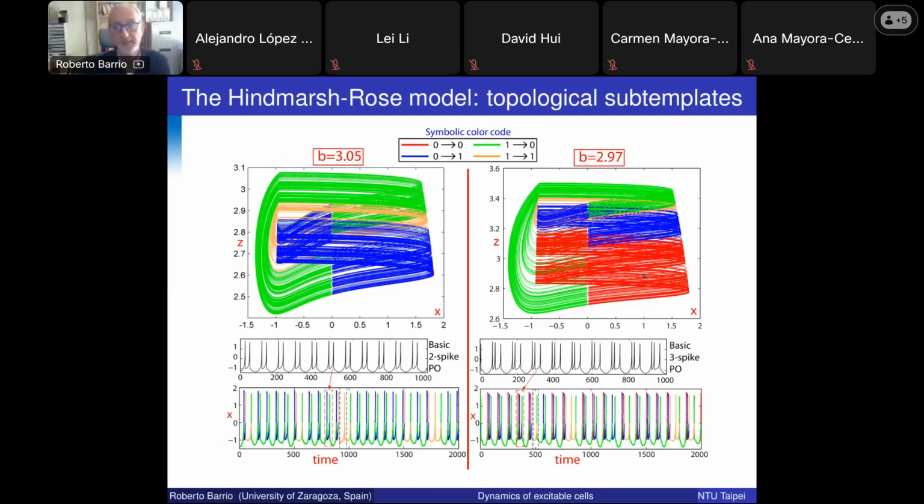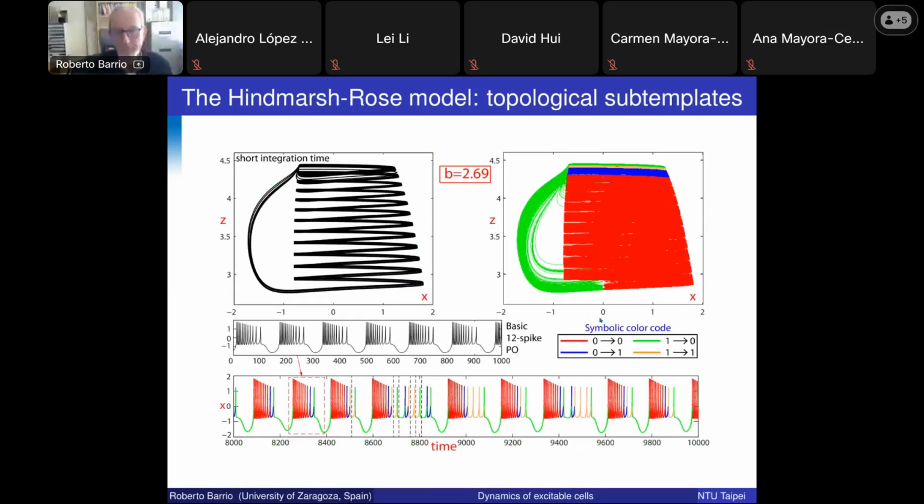In this other case, moving the parameter, the red color, 0 to 0, appears. In this case, it's 2 spikes, and the chaotic dynamics close to it has not this 0, 0. When we have 3 spikes, the chaotic attractor close to it begins to open the 0, 0. What happens if we move more?